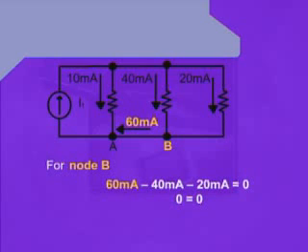And surprisingly, a very interesting result, we can see that 0 is equal to 0. What does that mean? That means that no current is flowing through node B.